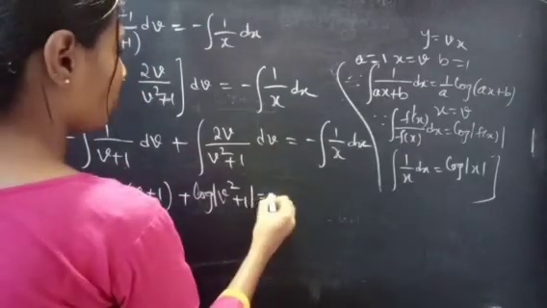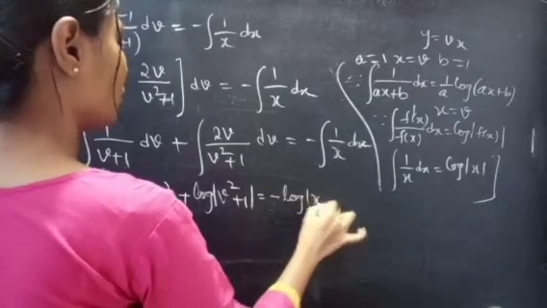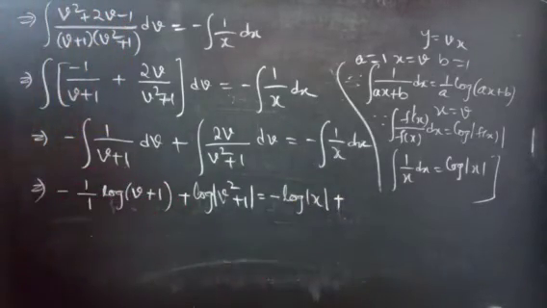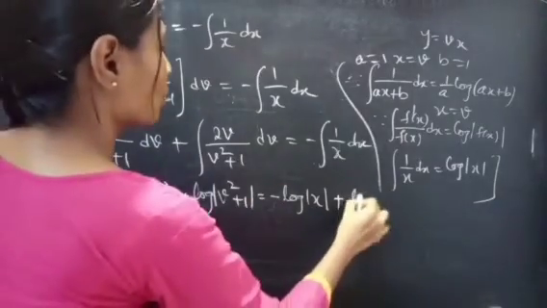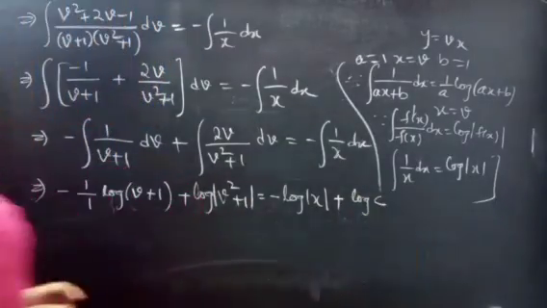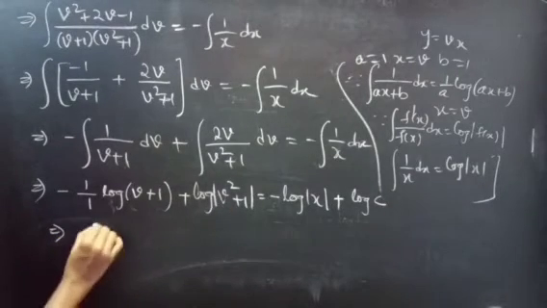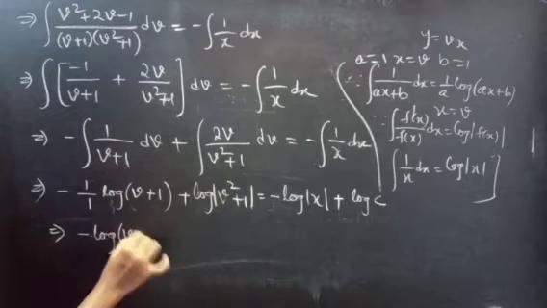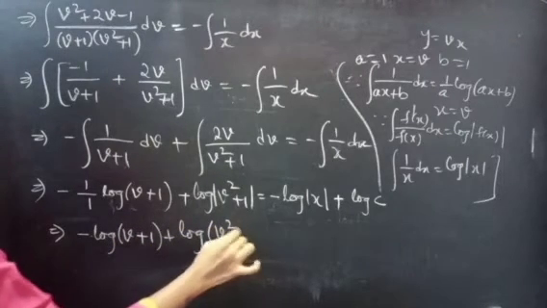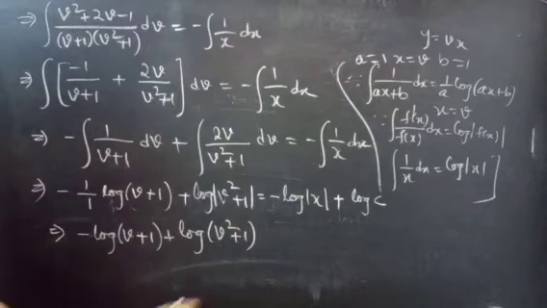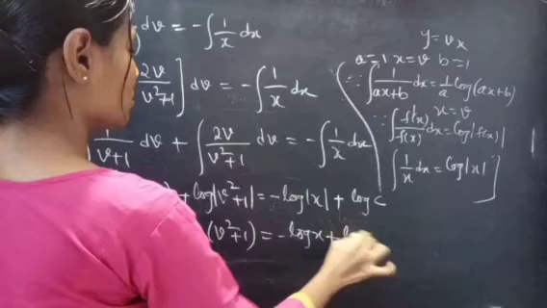Equals minus the integral of 1 by x dx, which is log mod x, plus you'll get an integral constant. Since all three terms are in log, we'll write the integral constant as log c. So the above equation becomes minus log v plus 1 plus log v square plus 1 equals minus log x plus log c.